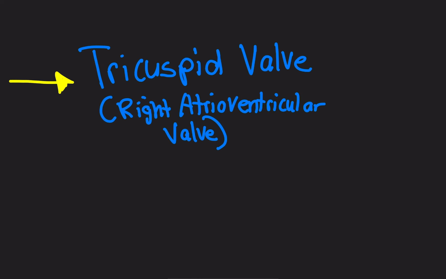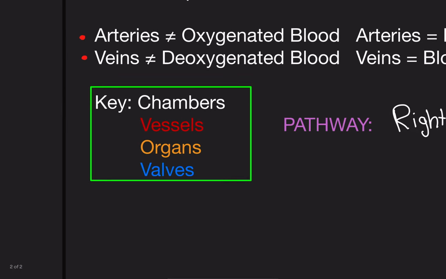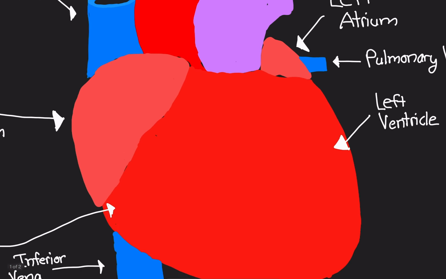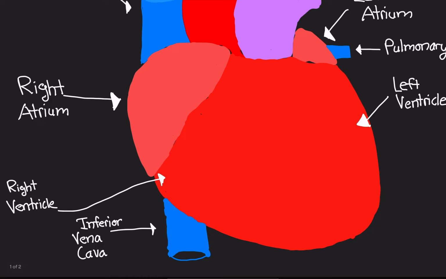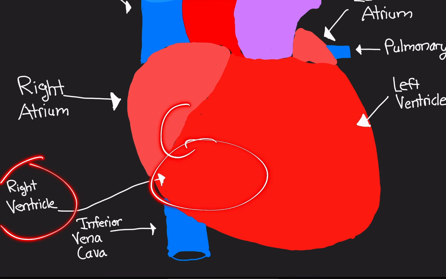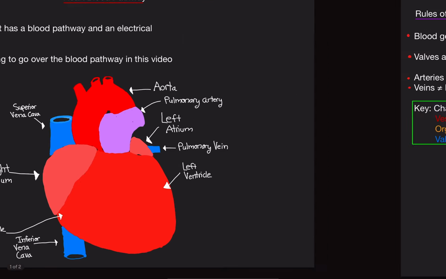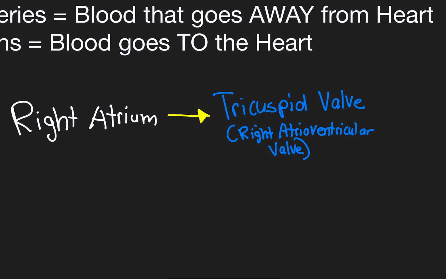Why is it atrioventricular? Well, we started at the right atrium and we're trying to get to the right ventricle, which is the next thing in the pathway. So right here is where we started, and now we're going to the right ventricle, which is right here. It lies between the atrium and ventricle, which is why it's called atrioventricular.